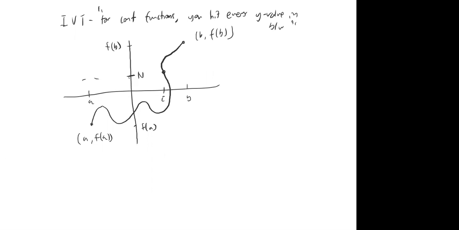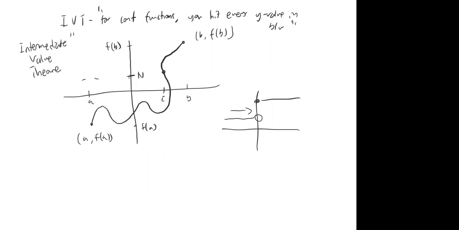You see, this is false for non-continuous functions. If I do something like this, I don't hit, sorry, I didn't define the intermediate value theorem. Basically, just like the name says, you hit all intermediate values, all y values in between.